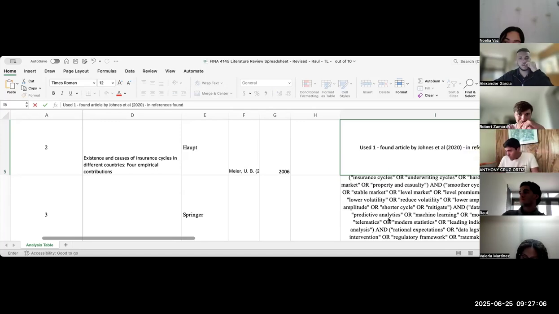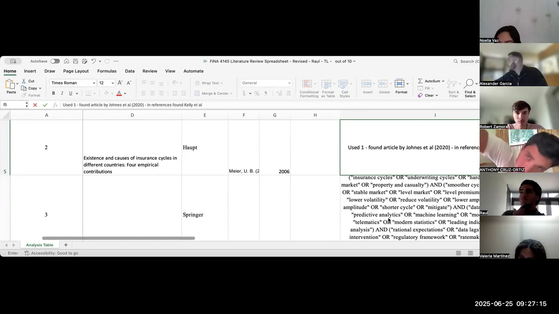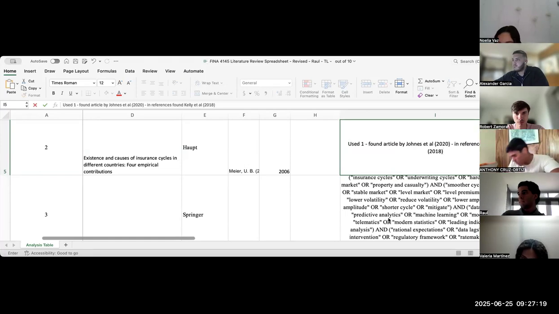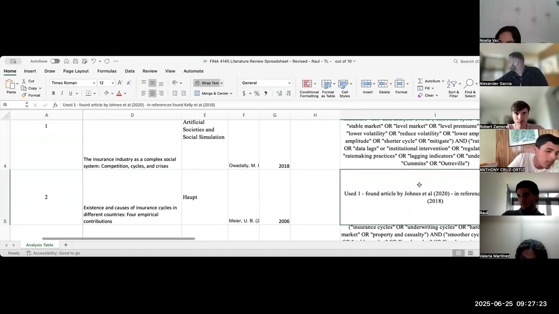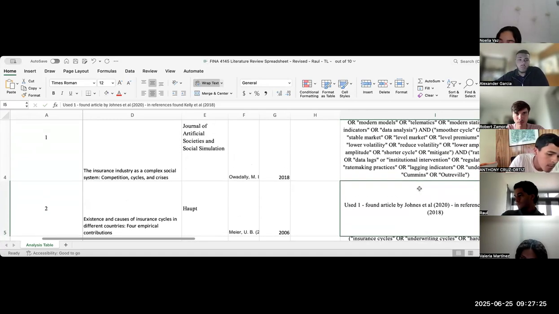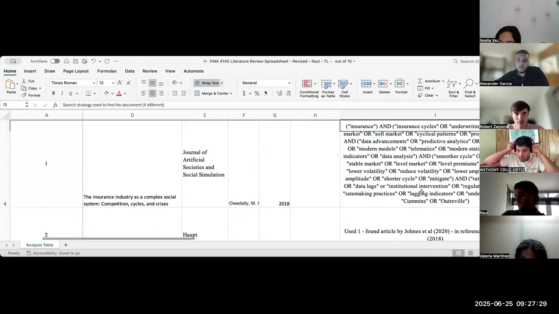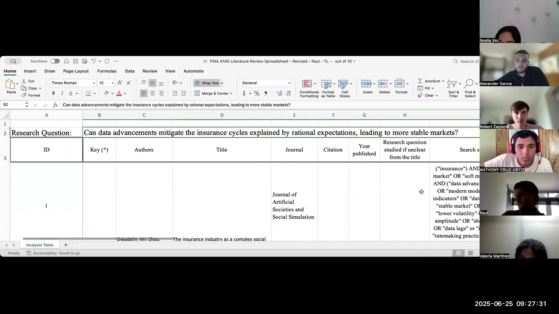So you just keep a record. Kelly et al. Okay, so you just keep a record for your sake as you go where you found things, so you can find it again, or it's better documented. So that's the idea of this.